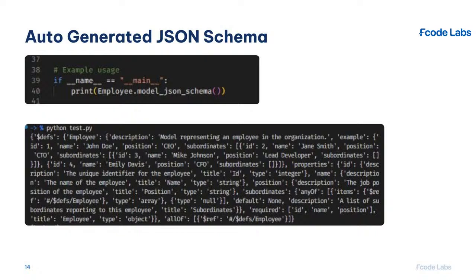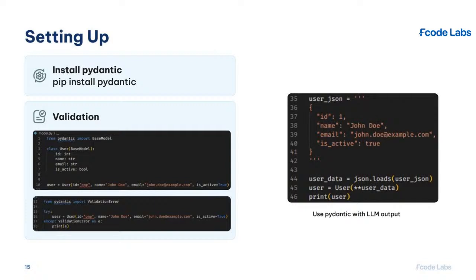So everything is going to be in the schema. So we send this schema along with our query and tell the LLM to give the output of our query according to this schema, and the LLM is going to generate JSON according to this schema.